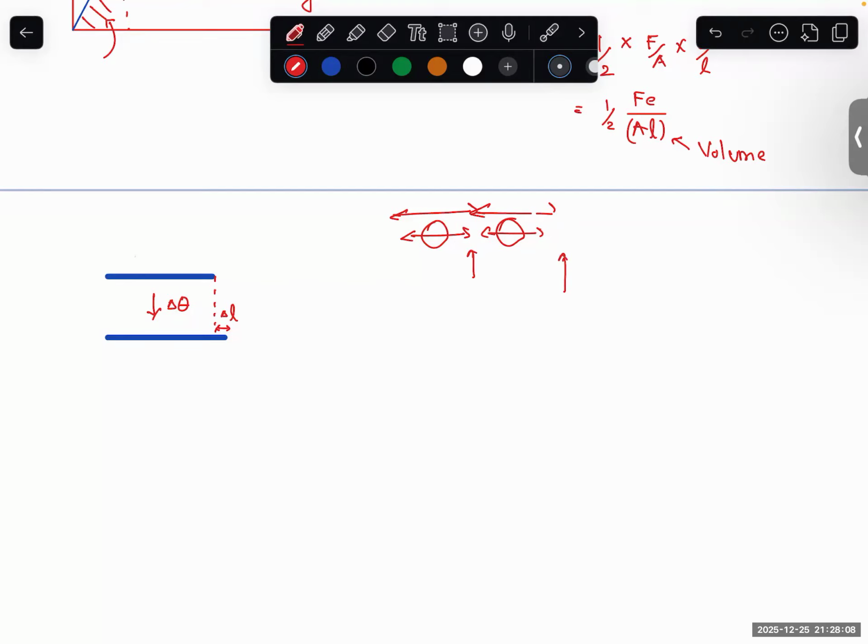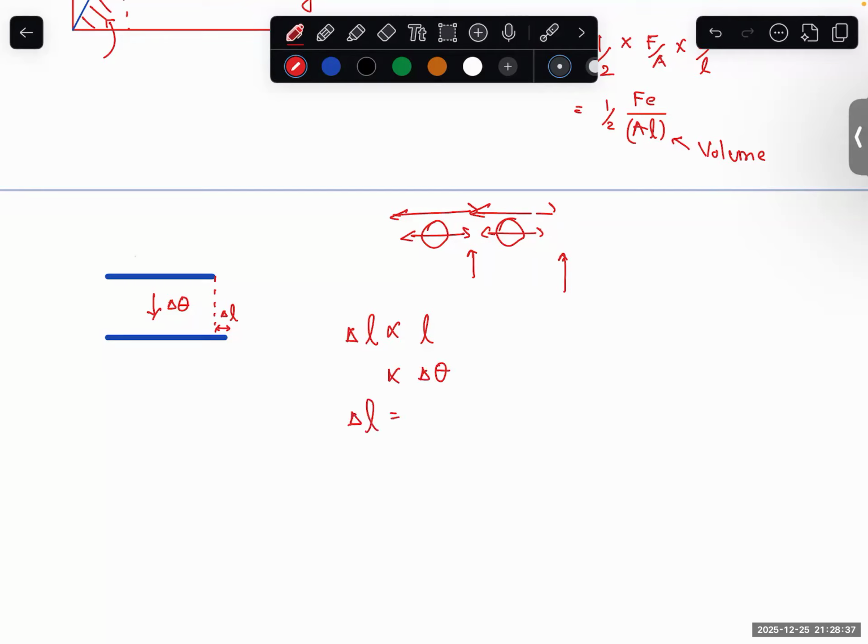Then that produces a delta L. So here it's not force, it is kinetic energy or motion that produces expansion. They say that expansion is directly proportional to initial length, because when you have more length, it's more molecules, more intermolecular distance, more expansion, and also directly proportional to delta theta.